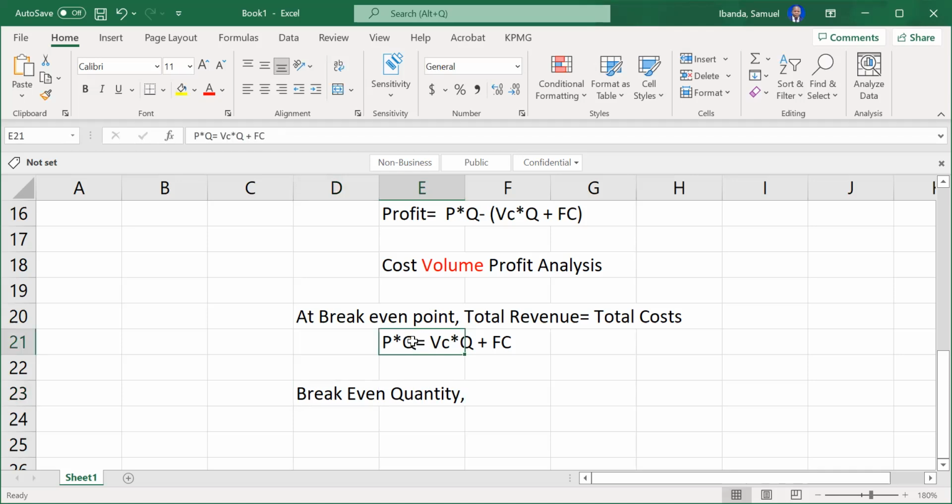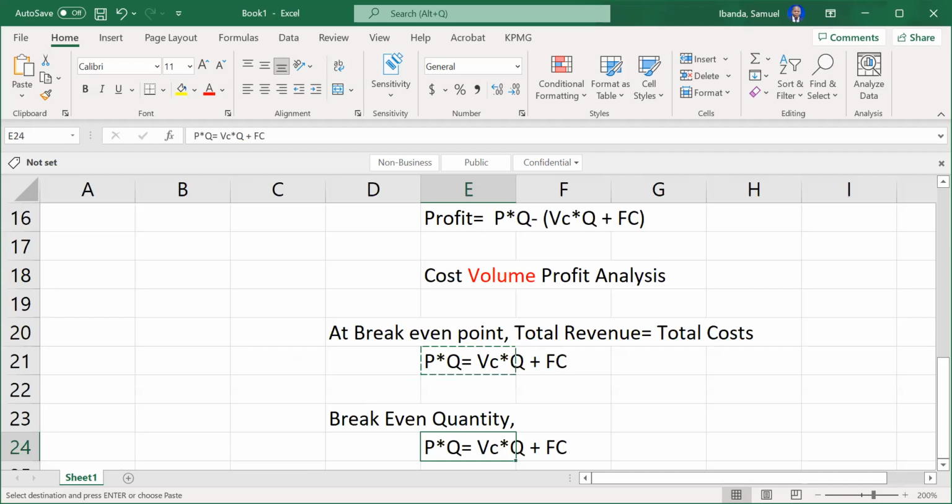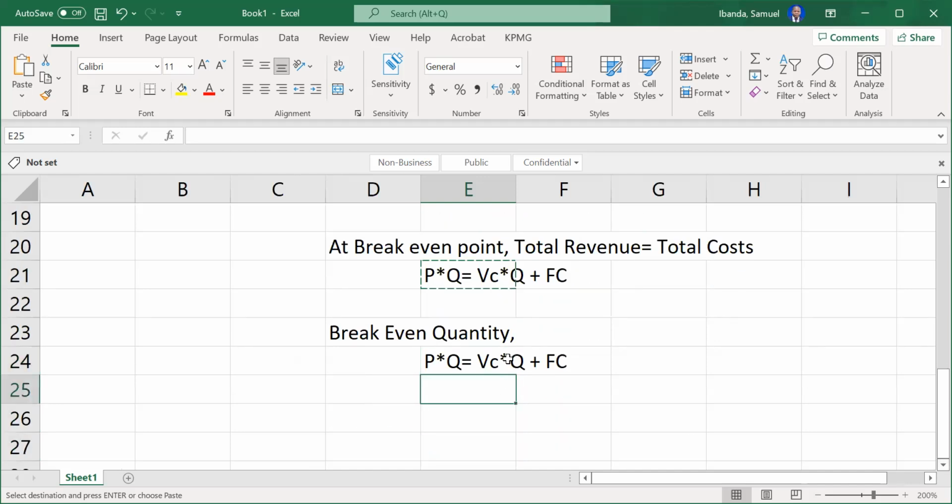I'm going to pick this as it is here and work it around. Since I have Q on this side and also here, I'm going to bring this VC Q this side.